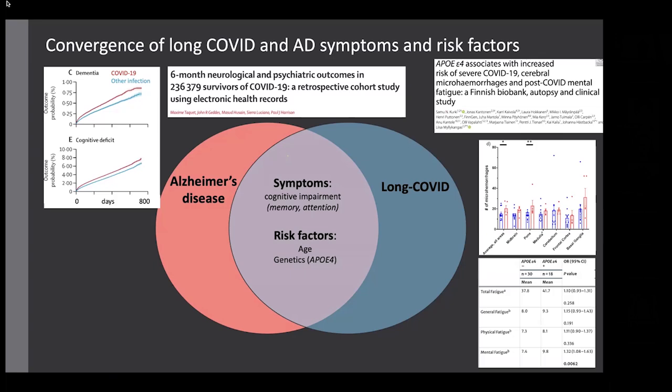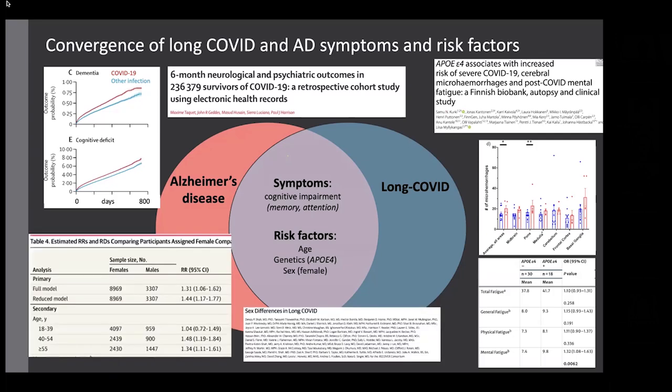And over the long term, they were more likely to experience prolonged fatigue, especially mental fatigue. In addition, I mentioned that women are at increased risk for Alzheimer's disease. We now know that women are actually more likely to experience long COVID, especially women who are either middle-aged or older. So here we have this kind of confluence of overlapping symptoms and risk factors between long COVID and Alzheimer's disease.